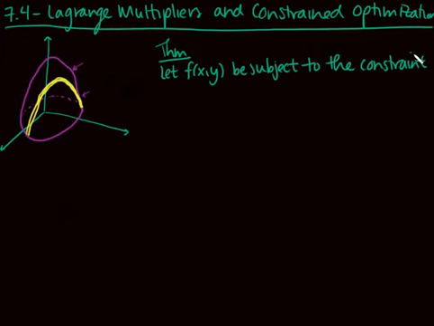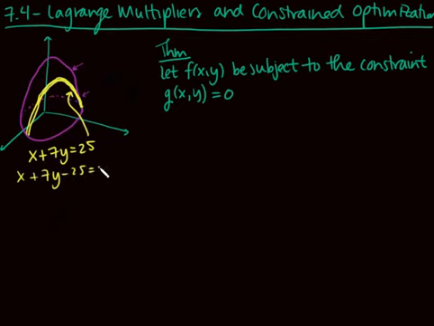This constraint will just be some way that x and y are related. So I'm going to say g of x, y equals 0. It could be like this example that they give you in the book for this yellow line, the constraint equation here. But we can always set it equal to 0 by just bringing that 25 over. That's why they say it's set equal to 0.